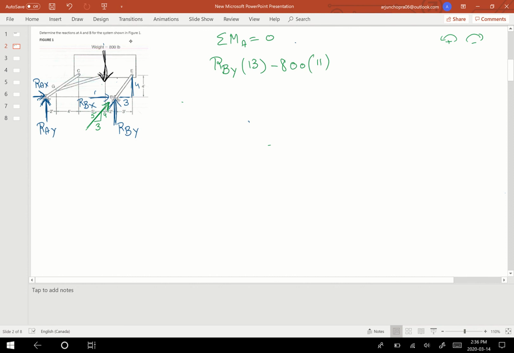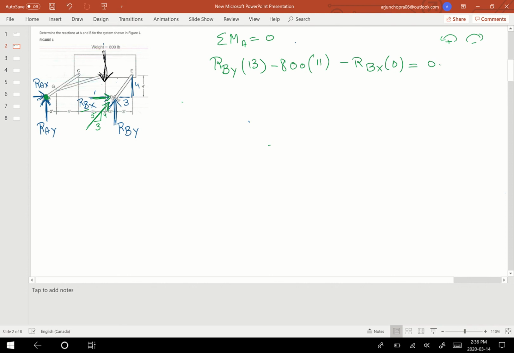There is RBX also, but I'm not going to consider this RBX force because there is no perpendicular distance from point A for this force. Even if I use this force, I'm going to write it as negative RBX times 0, because there is no perpendicular distance from point A for RBX.